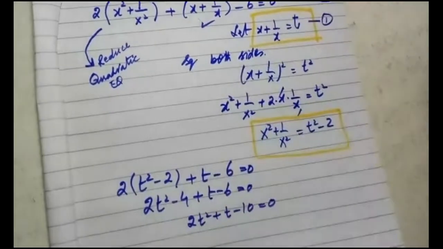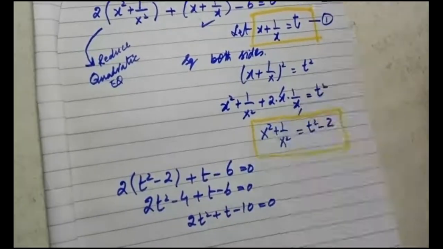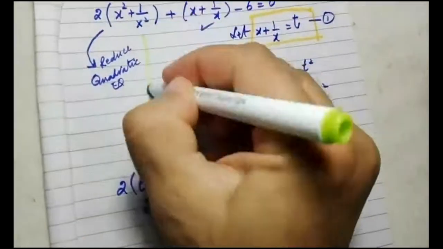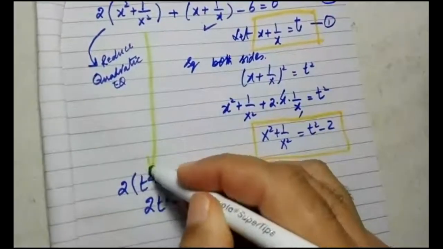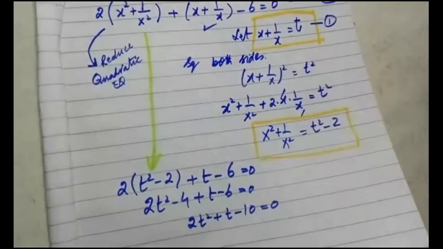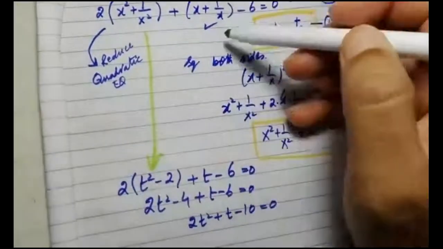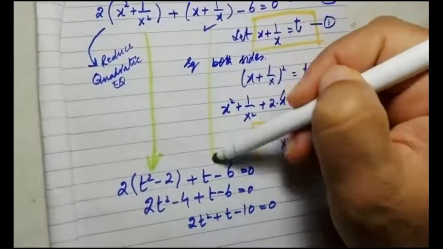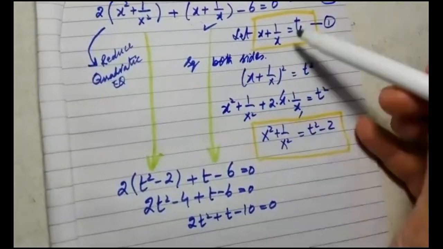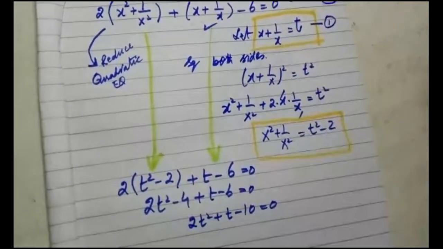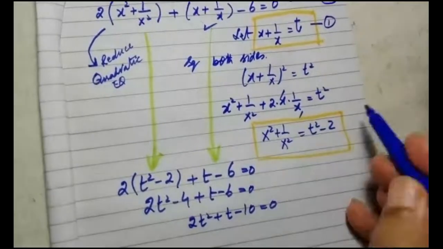What I have done is I just wanted to show you that I substituted this value right here in terms of t, and similarly the same is done for this one. On the side I have written equation number 1, 2 or 3 that we have just obtained.